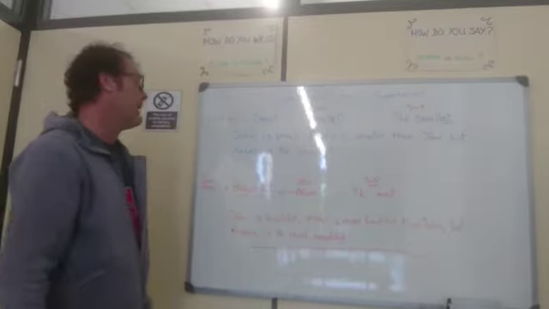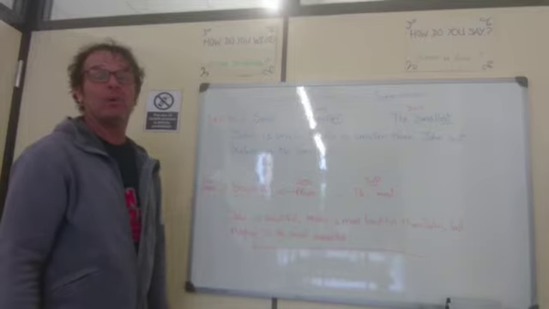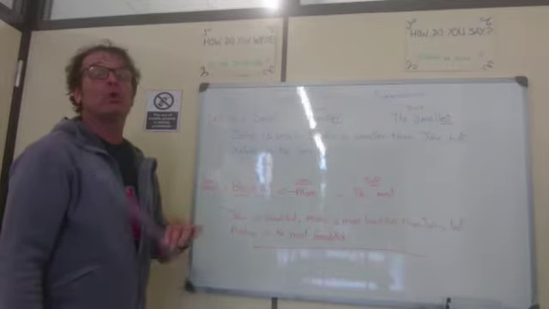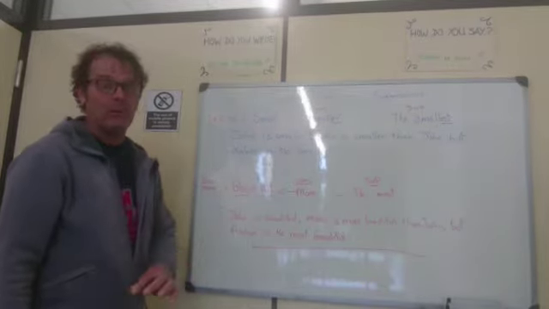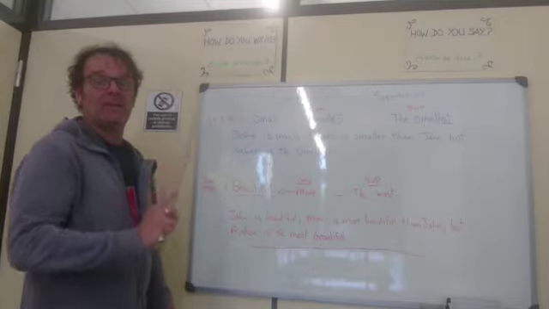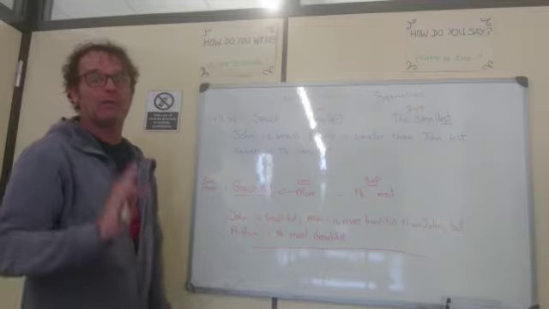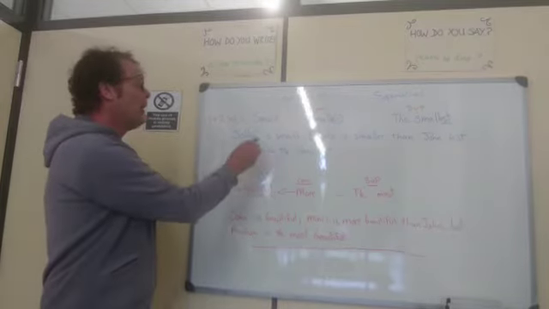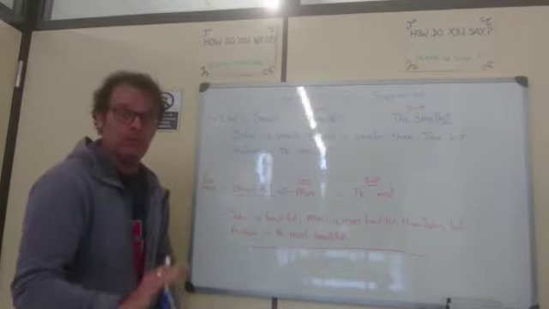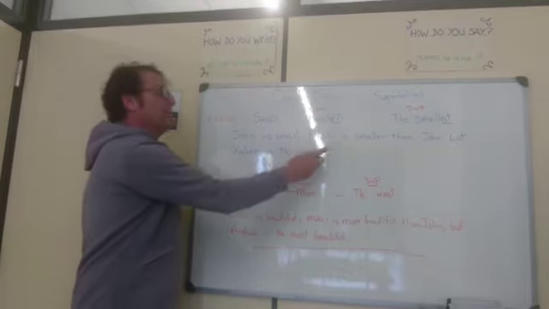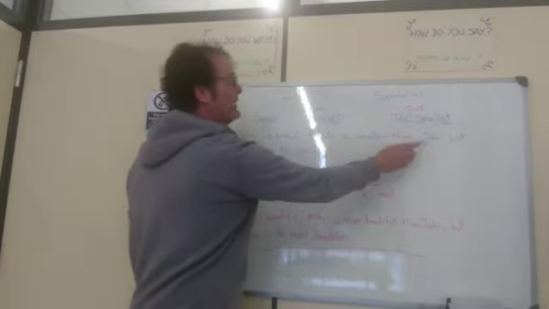Okay, now I'm going to give you an example. We are going to compare people with the adjective, the comparative, and then the superlative. So here we go. John is small. Our lunch is smaller than John.